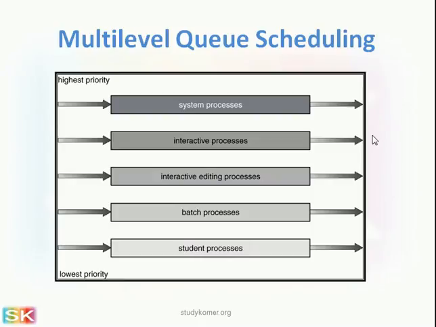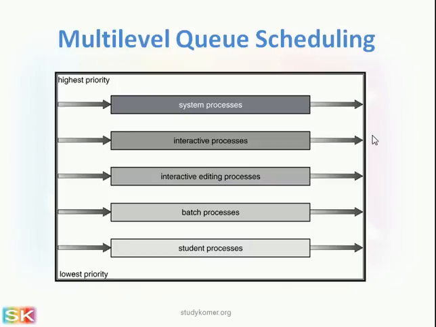Batch processes can be submitted to the fourth highest, and student processes can be submitted to the lowest priority queue. The point to note here is that a process will remain in the same queue in which it has been submitted initially. A process is not allowed to change the queue once it is submitted to the system, right?